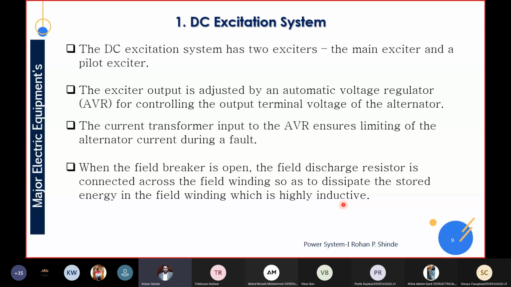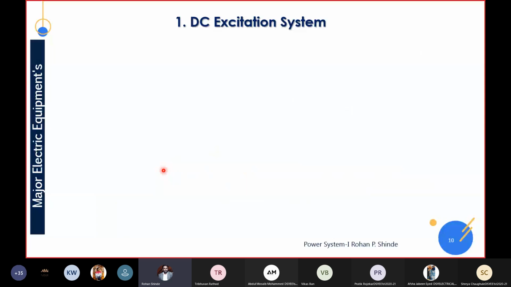Whenever the field breaker is open, the field discharge resistor is connected across the winding, which already is inductive and has some stored energy, so this energy will be dissipated across the discharge resistor.